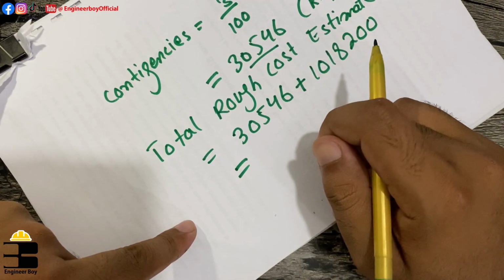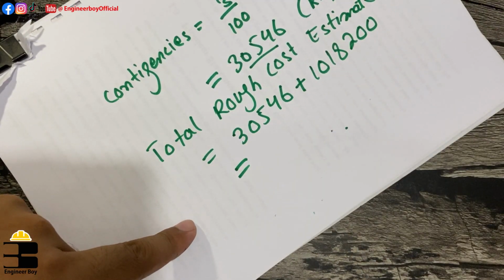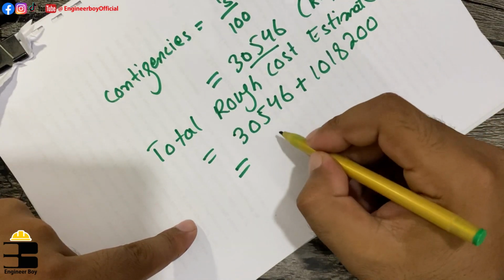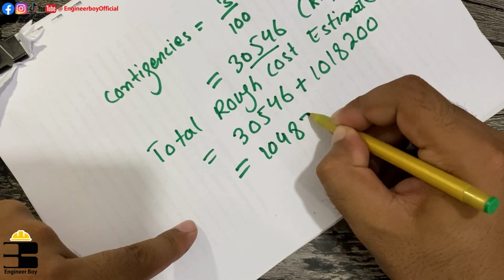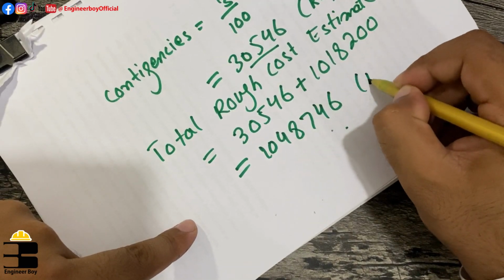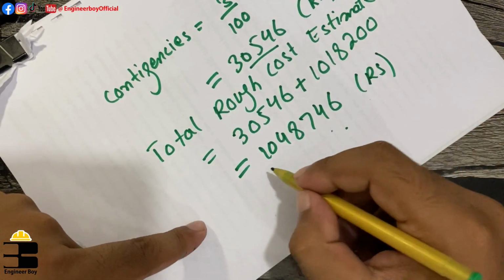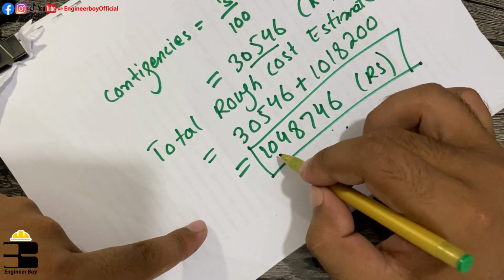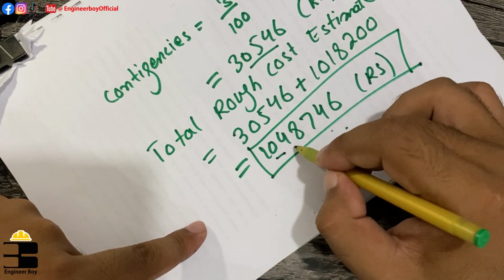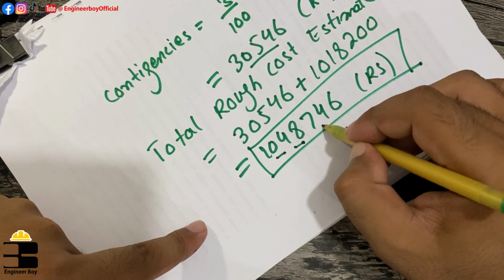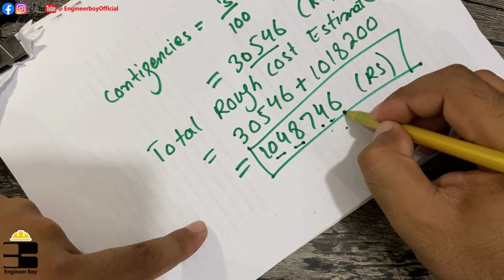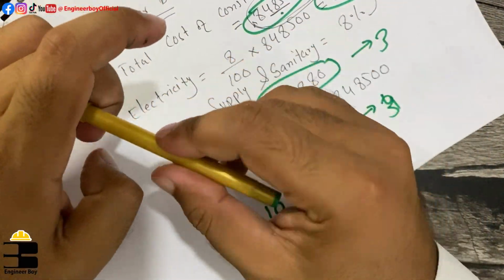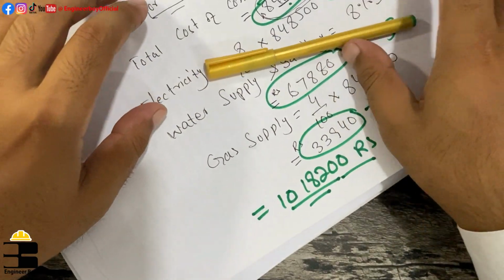Adding these things, we get the total cost, which is 1048,746 RS. That's so simple. So this residential building is going to cost us 10,48,746 rupees. This is how you can determine the rough cost estimate of a building. See you in the next video.